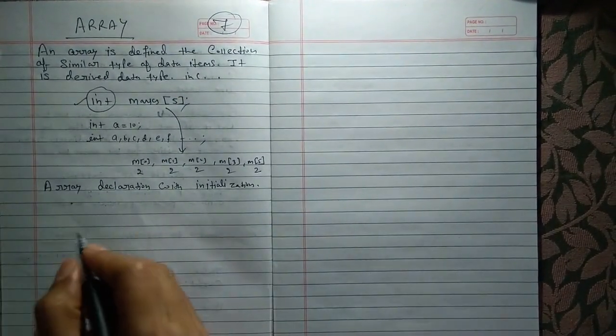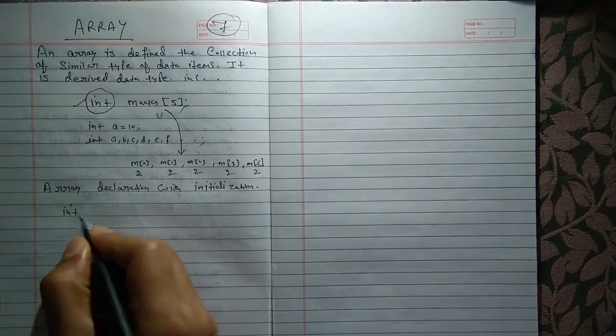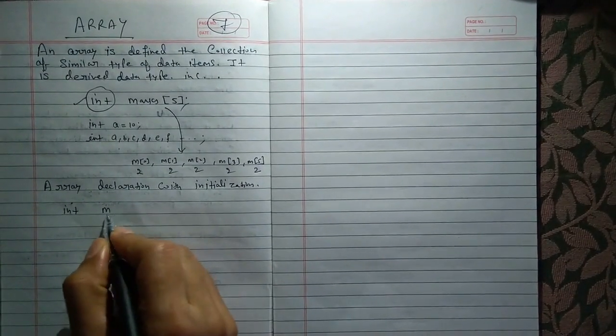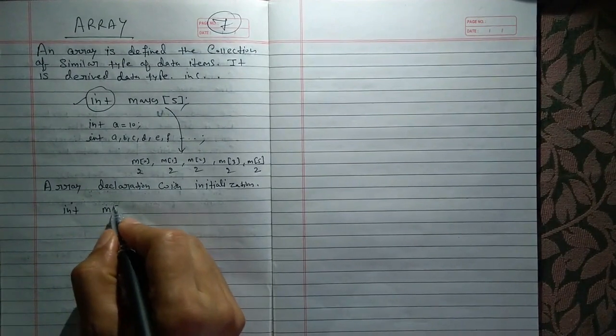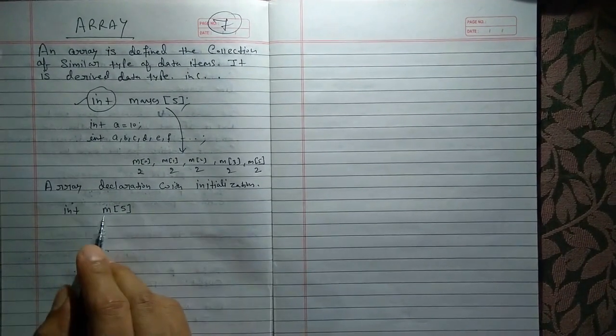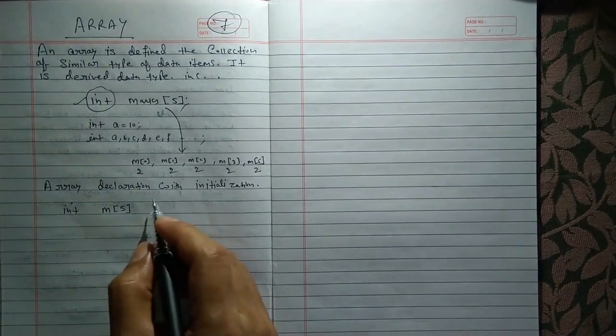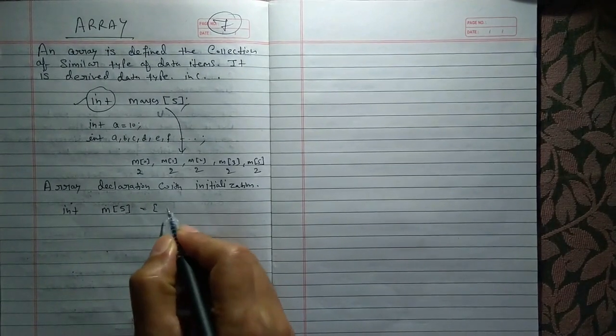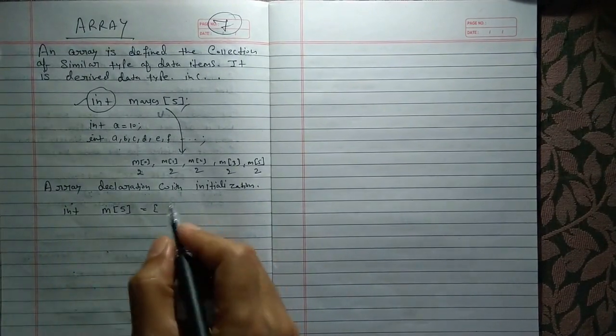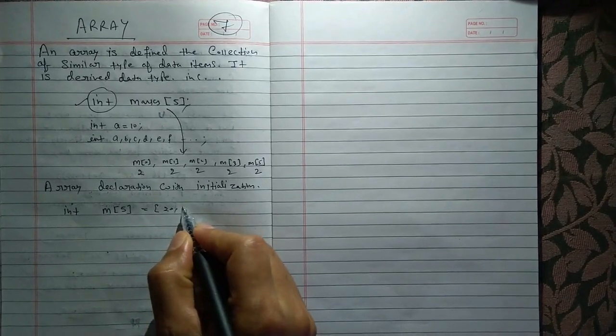Initialization means we can also write it as int m[5]. Suppose the name of the array is m. You can also write your name with size 5 is equal to, so there are a total of 5 data, and here we have also mentioned the data.